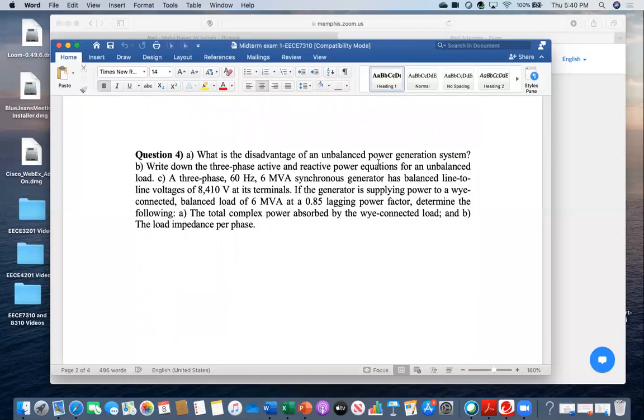So therefore your neutral will be overloaded and even the neutral might be burnt out, might be disconnected. Or even if not disconnected, might just be heated, but that neutral current will start flowing through any other neighboring neutral line. So therefore devices connected to that neutral line might be affected. So those are the disadvantages.